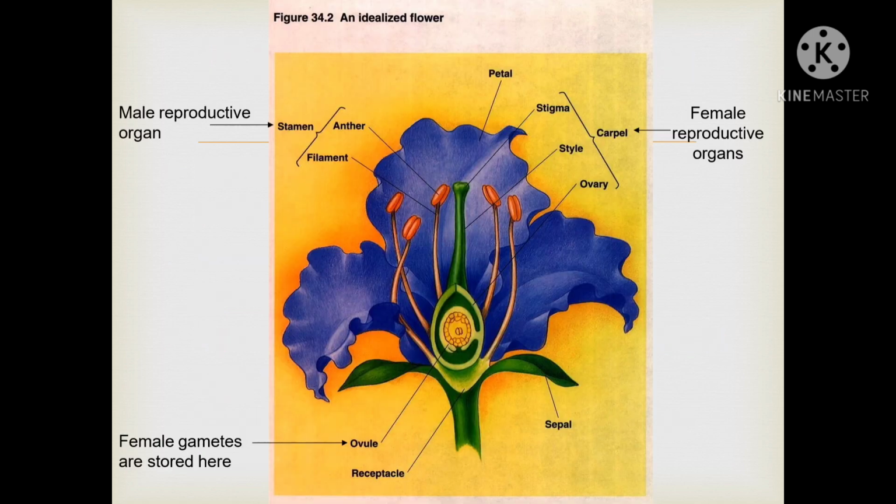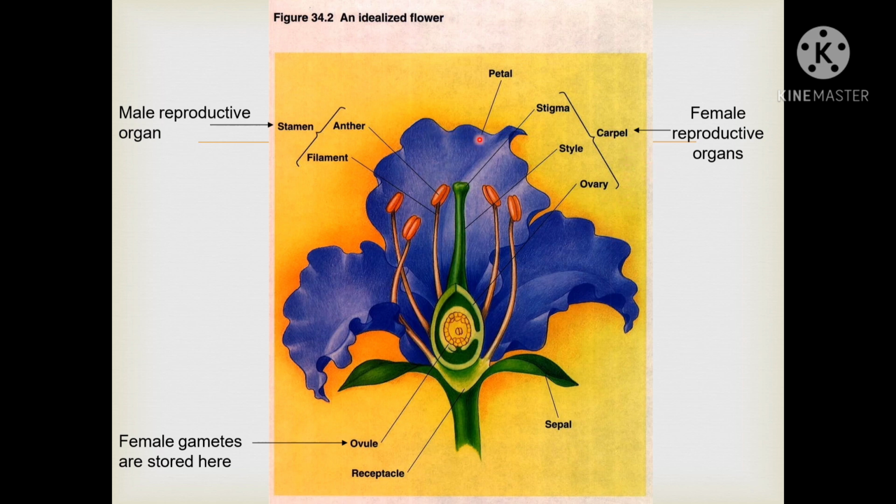As you can see, the illustration is an idealized flower. So these contain the male reproductive organ and the female reproductive organs. The male reproductive organ contains the stamen, anther, and the filament. And the female reproductive organs contain the stigma, style, ovary, and the carpel.